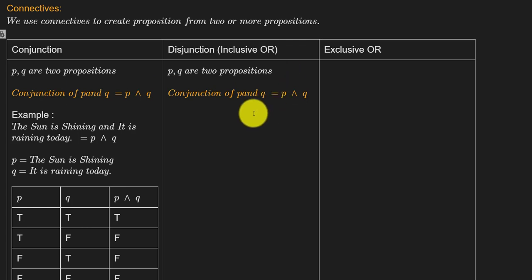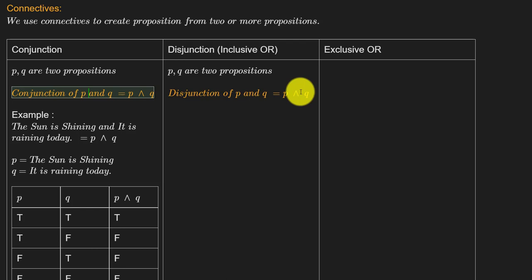Here, instead of conjunction, we'll be writing disjunction, right? Disjunction of P and Q. So P and Q will be P or Q. We generally express the OR in this way, ∨.